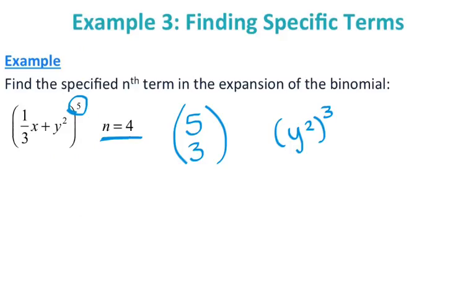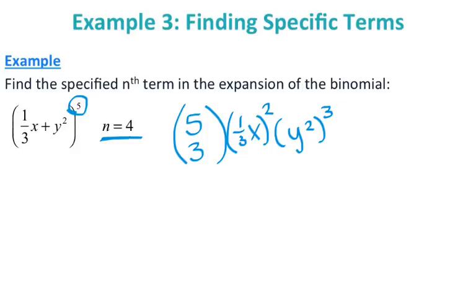So that means my exponent for my first term, for that 1/3 x, is going to be a 2, because these two exponents should add up to this top number. I know it's a lot to process, but once you recognize the patterns, it's not so bad.